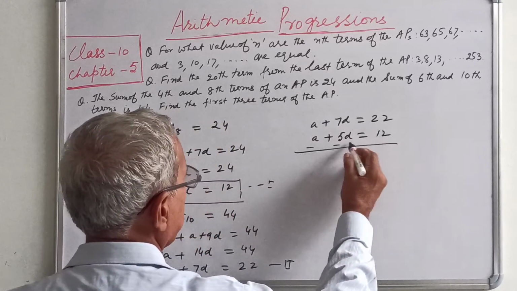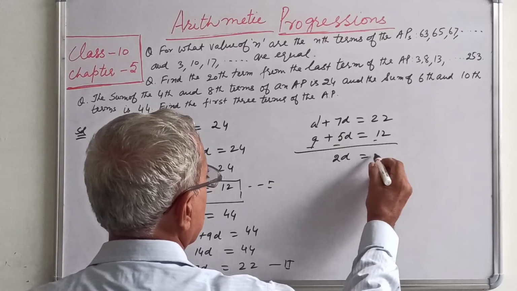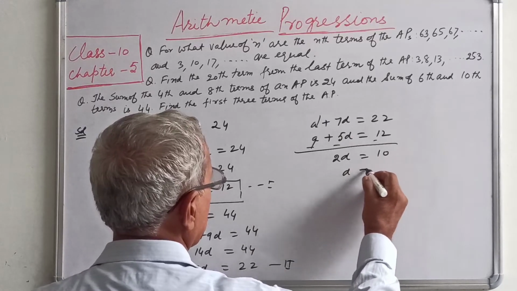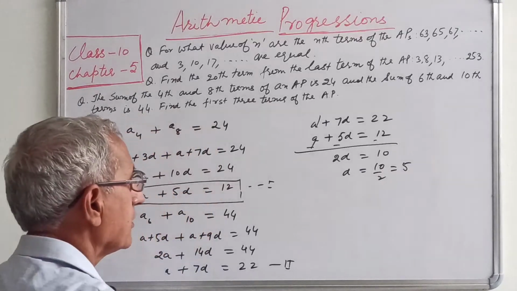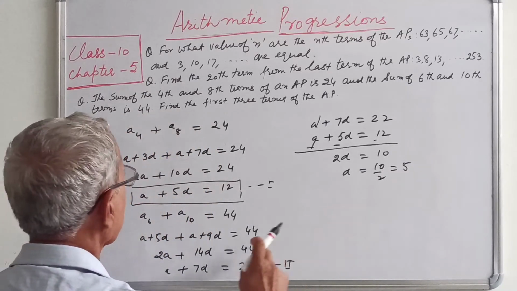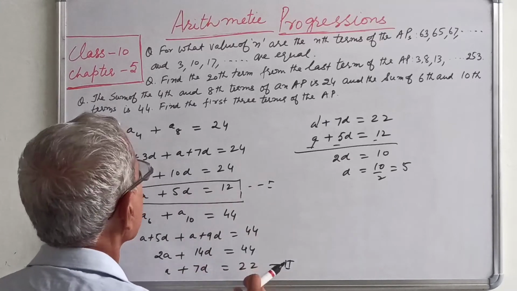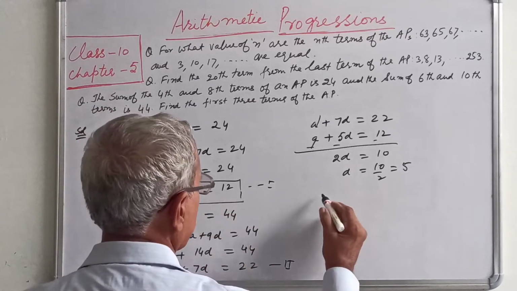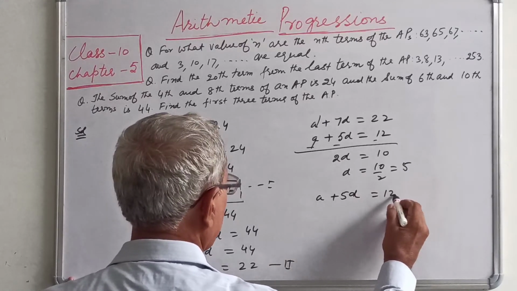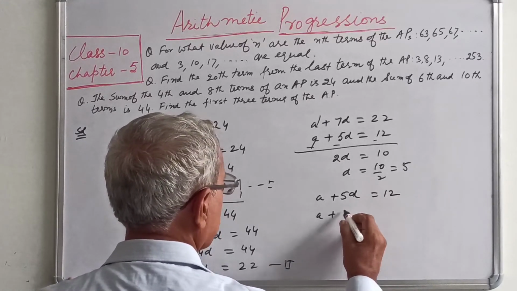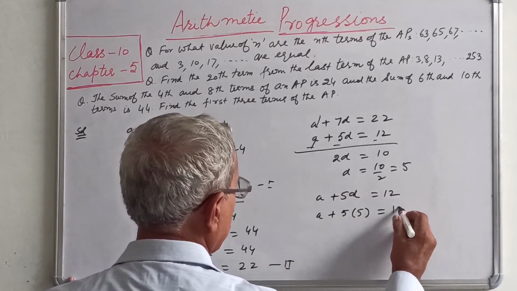Subtracting, 2D is equal to 10, D is equal to 10 divided by 2, that is 5. So put the value of D in equation first or second. I am taking the first equation. A plus 5D is equal to 12. So A plus 5 into 5 is equal to 12.